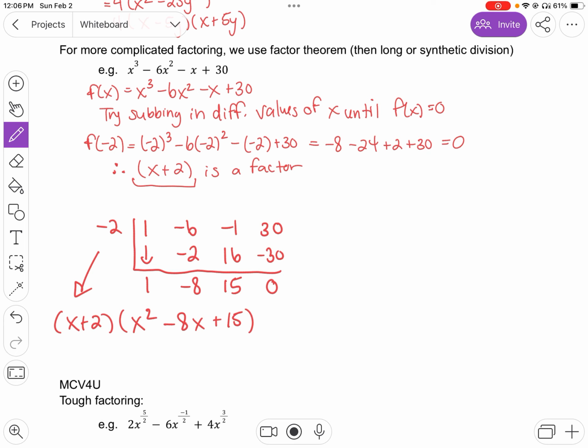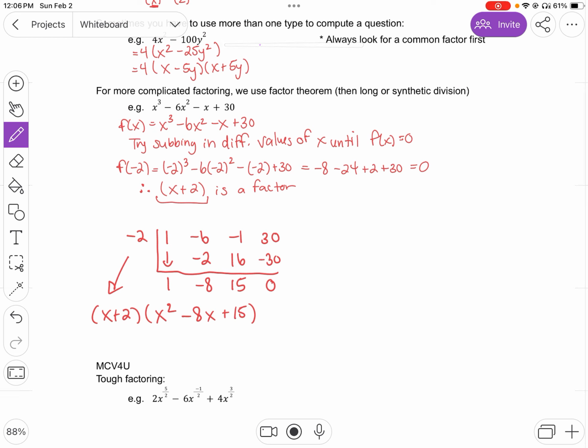So this is what we're left with beside that first factor. And now from here, it's a simple trinomial. So now we can just do simple trinomial factoring. So what are two numbers that multiply to give us that positive 15, but add to give us a -8? So that is going to be x minus 3 and x minus 5. And so now it is in a fully factored form.